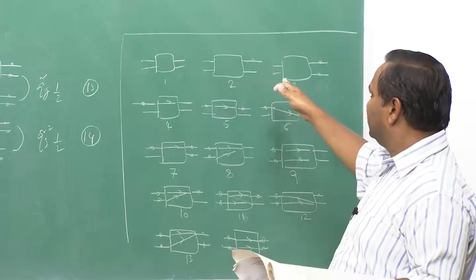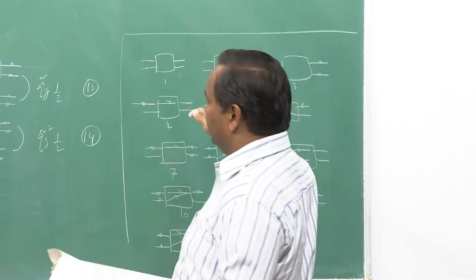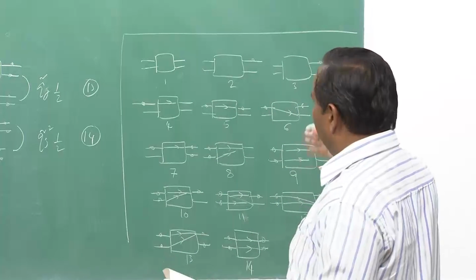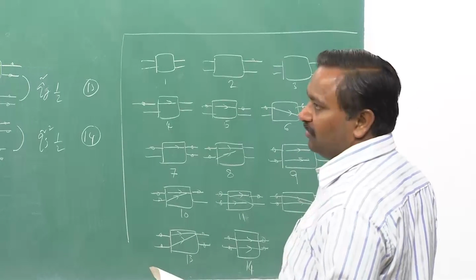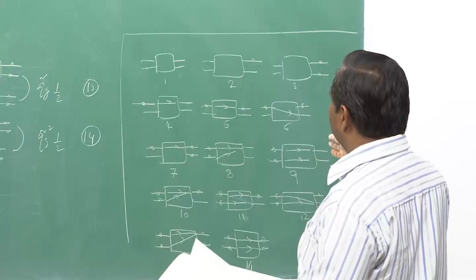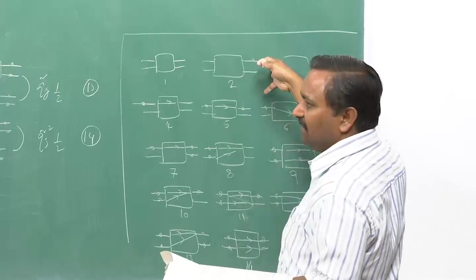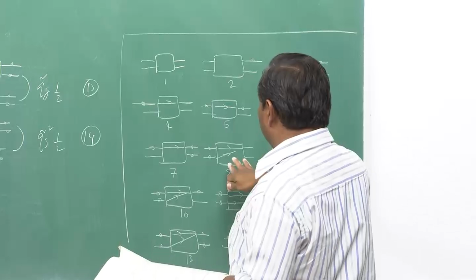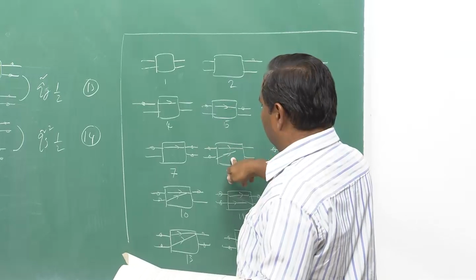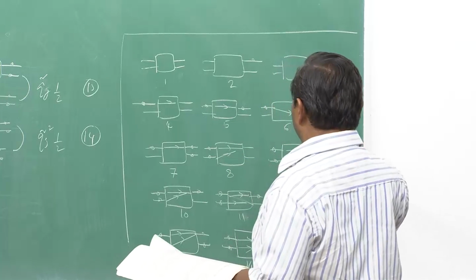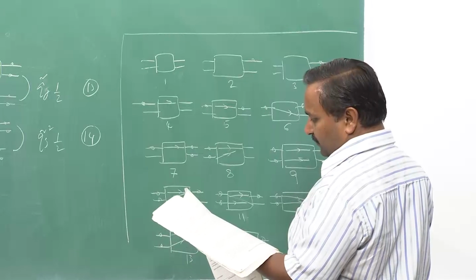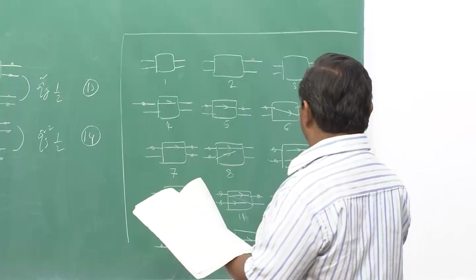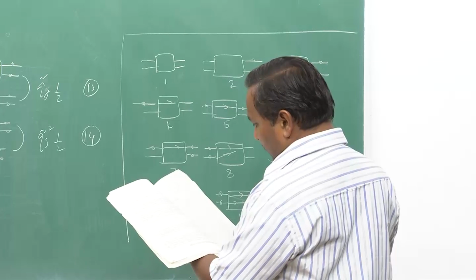So, these buffers are empty. At the end of this current slot, you will have only two packets here. They can be directed to the same port or to a different port. Okay. So, let us look at that case.